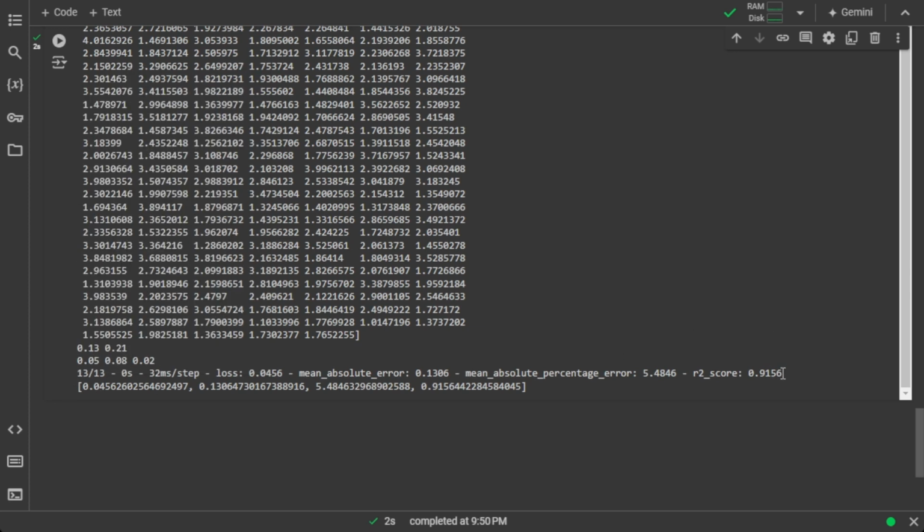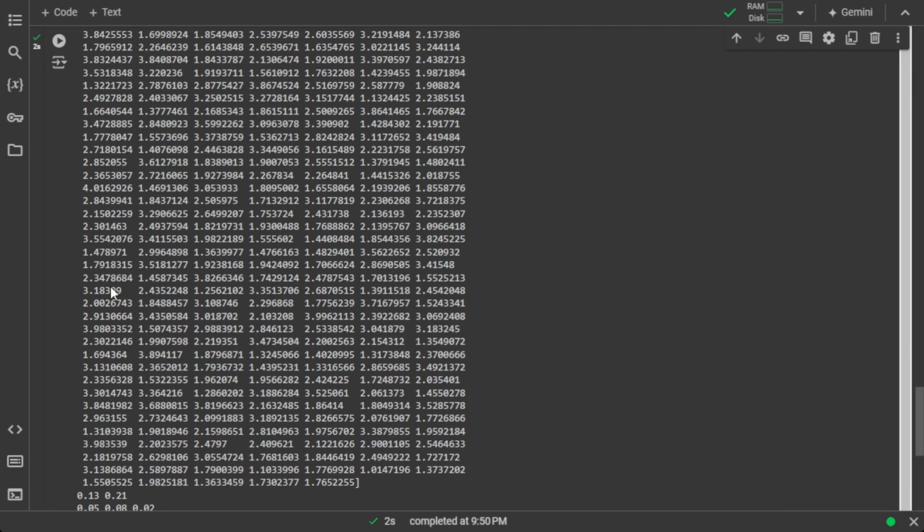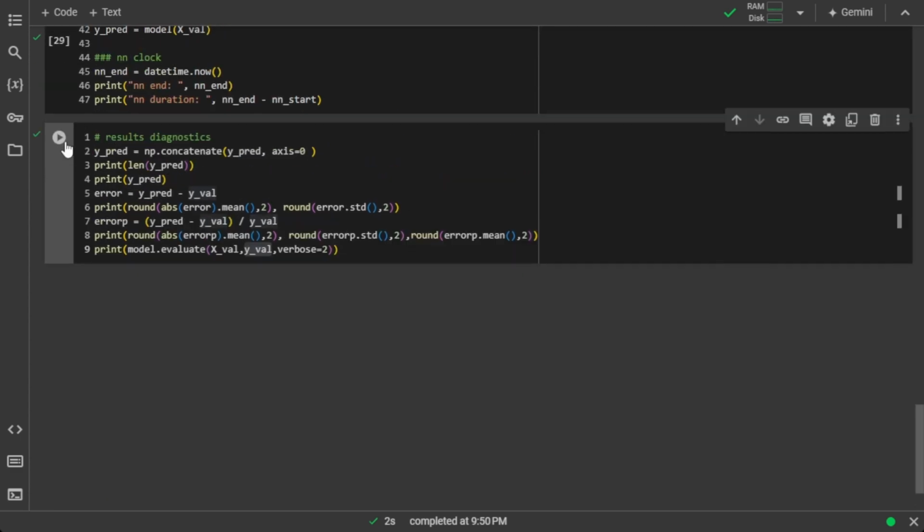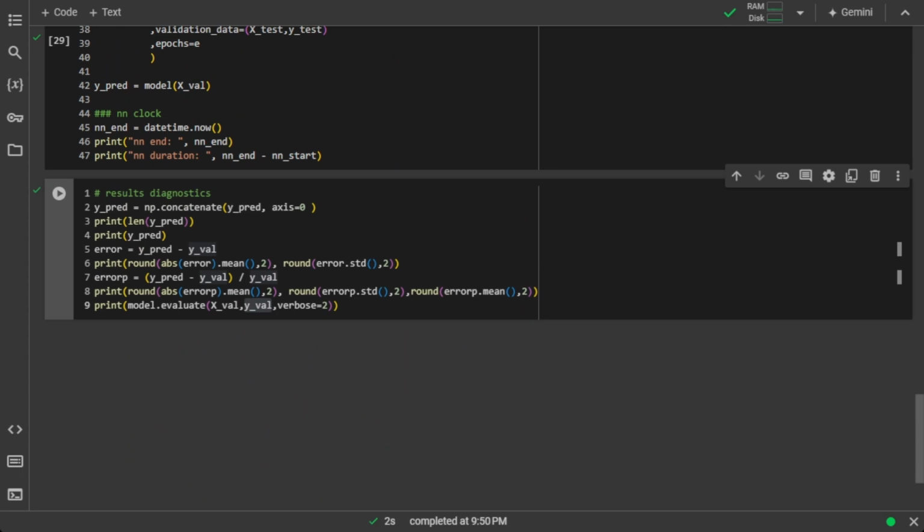Right. So we've got an R squared of 92, a mean absolute percentage error of 5.5%. Right. Mean absolute error of 13 cents on $2.35. So let's just clear this up and let's keep going, folks.